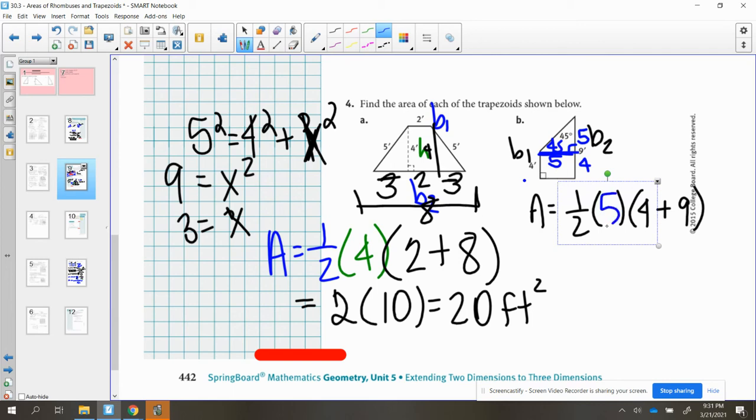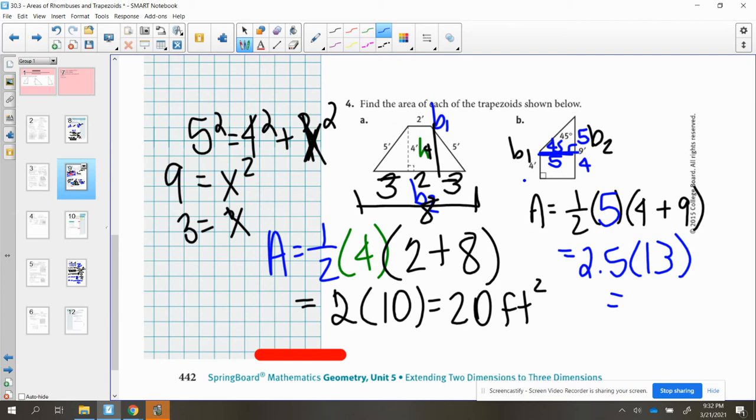So this would also have to be 5. So half of 5 is 2.5 times 13. So 2.5 times 13 is 32.5 square feet.